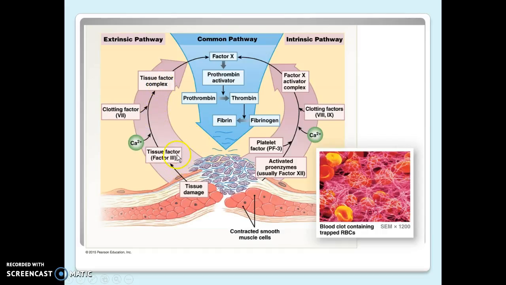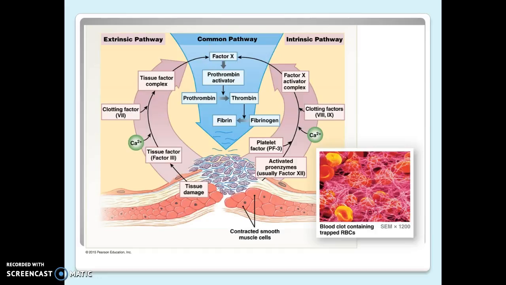You don't need to know any of these numbers. All I want you to know with the extrinsic pathway is that the tissue damage starts by releasing a clotting factor. It has to have calcium to join up with it, and that causes a tissue factor complex that will activate factor 10. Okay, this tissue factor complex activates factor 10.